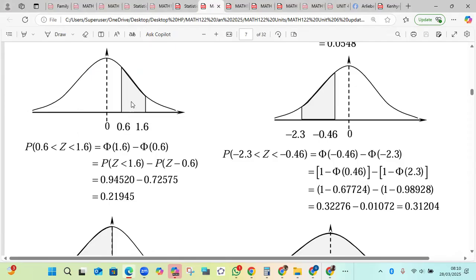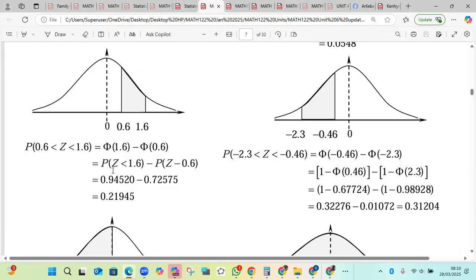And how do we find the area of such a region? As you can see, we find phi of 1.6, from 1.6 down towards the left, and phi of 0.6, from 0.6 down towards the left. They are both big chunks, meaning their individual values will be greater than 0.5.